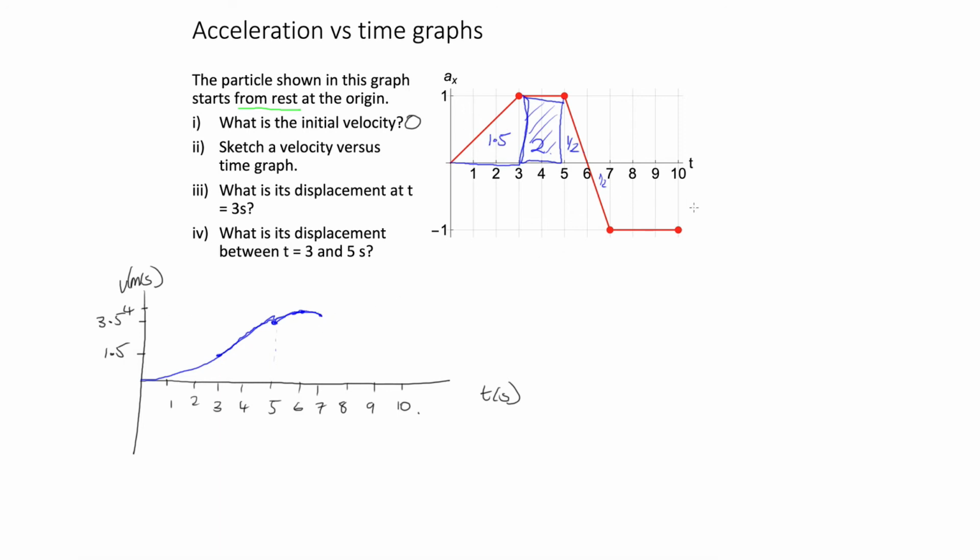Now, between 7 and 10 seconds, we've got a negative acceleration, which is constant. The area under this graph here is 3 times 1, so that's 3. And so we're slowing down by 3 meters per second. So we're going from 3.5 down to 0.5.